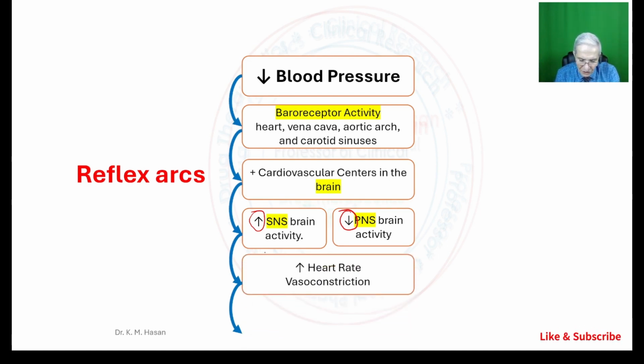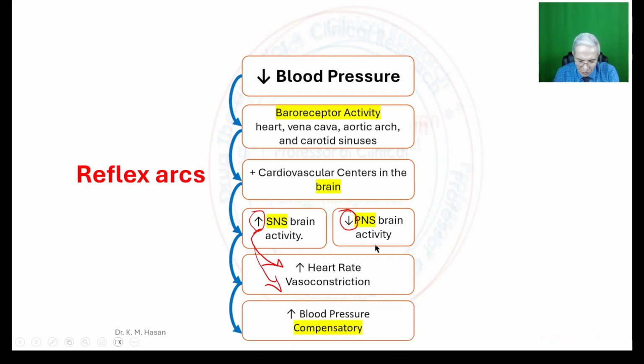If you activate the sympathetic system, the result will be increased heart rate and vasoconstriction. If you increase heart rate and cause vasoconstriction, what happens to the blood pressure? The blood pressure will be increased as a compensatory mechanism. So you can see the consequences: if someone suffers from hypotension, low blood pressure, number one, baroreceptors will be activated.